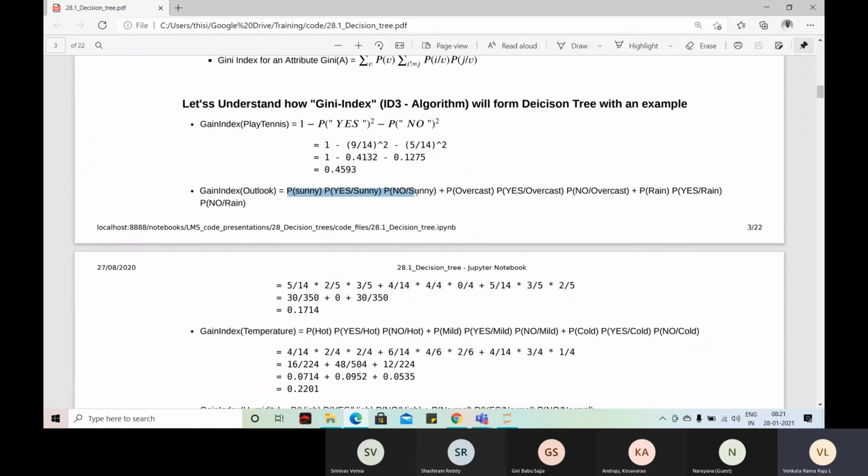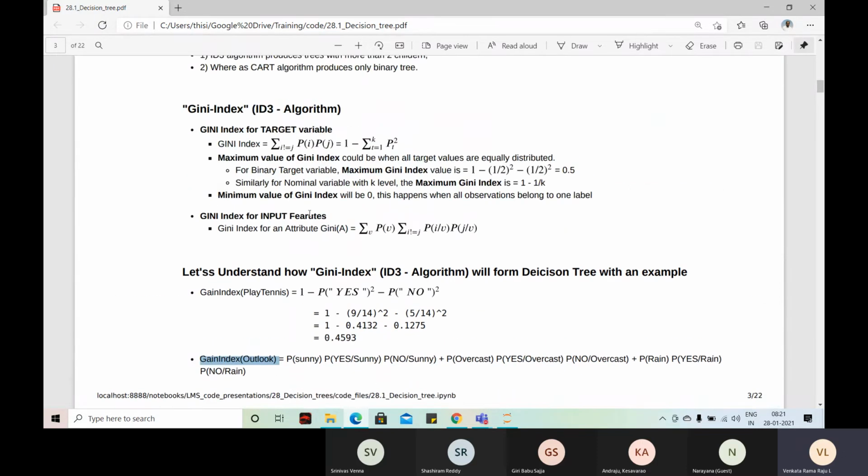For each category, we calculate the probability of belonging to yes and no, and the probability of that individual category, multiply them, and sum up. That's how the Gini index is calculated.